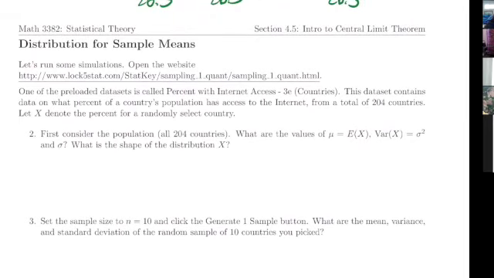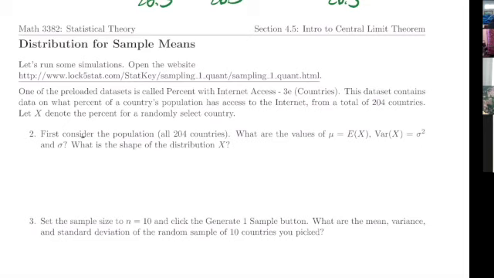Okay, so I want to play around with this website over here, which is linked, so you should be able to click on it. But if you're not, I'm just going to chat this to you all. And I think if you click on that, that should work too. This is a website that friends of mine created. They have an intro stat book.